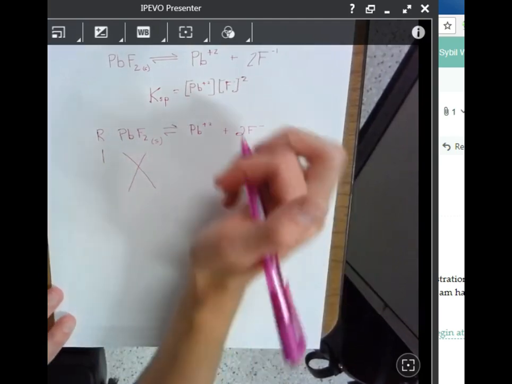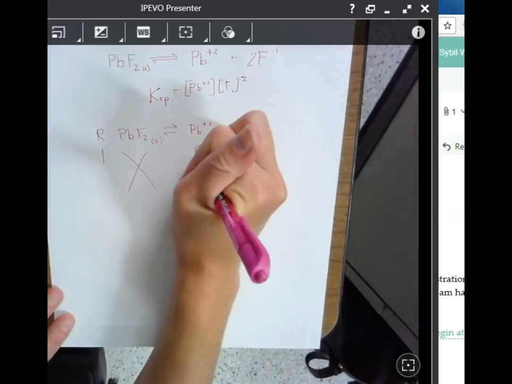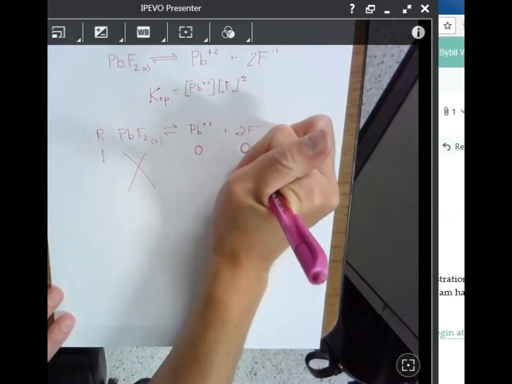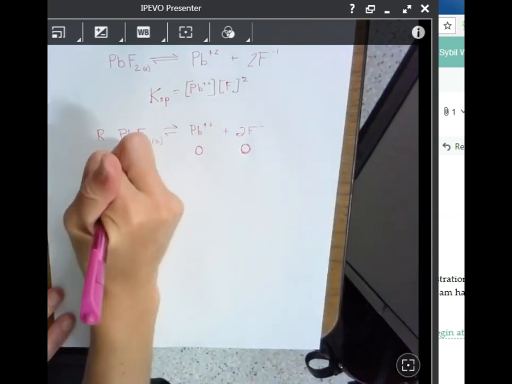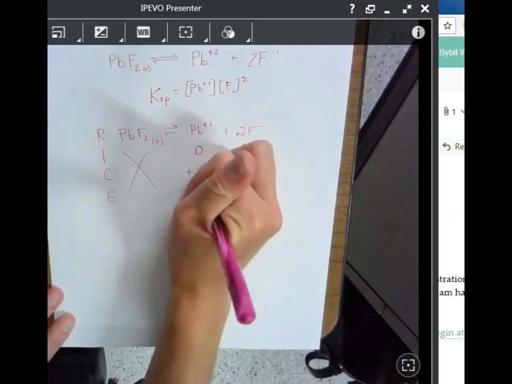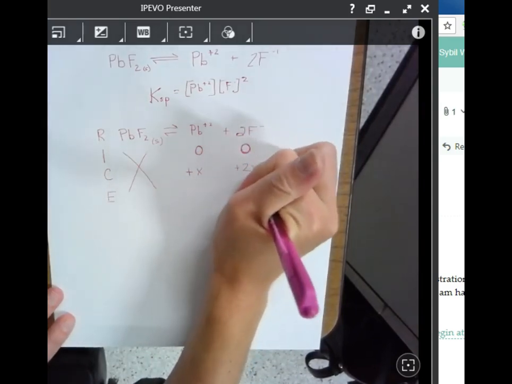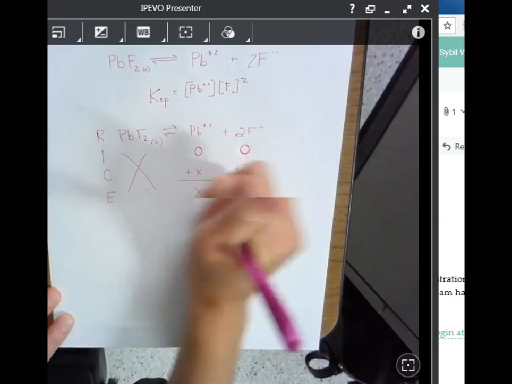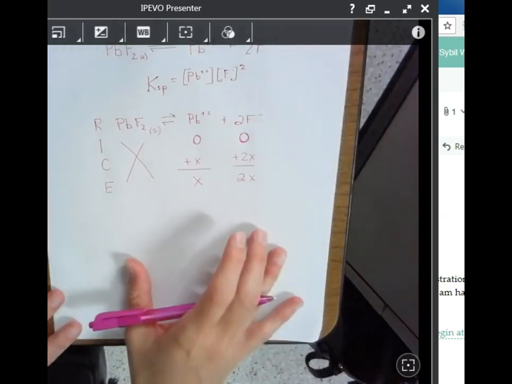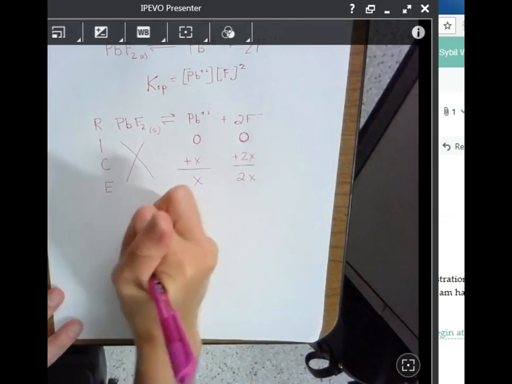This is dissolving in water, and we're going to use deionized water, not water from the tap, so there's no lead in it and there's no fluoride in it. All right, for the change, we're forming these two, so plus x, plus 2x, so just x and 2x on our equilibrium lines.